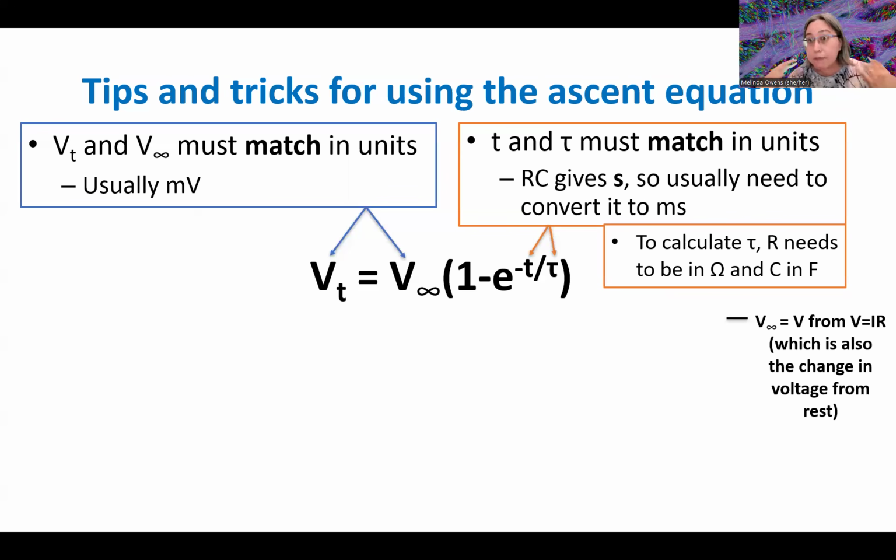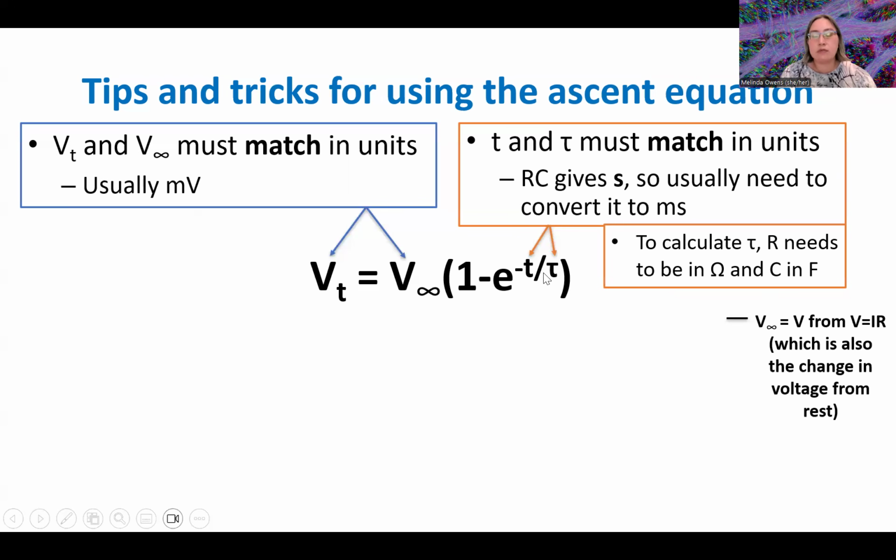Those are different types of units. And so you need to put them back in the base units. You need the R to have some form of ohm in it, not mega ohm or anything, ohm. And you need C to have farads, not microfarads or picofarads, but farads. Okay, so you need to do that conversion before you can multiply them together to get tau.